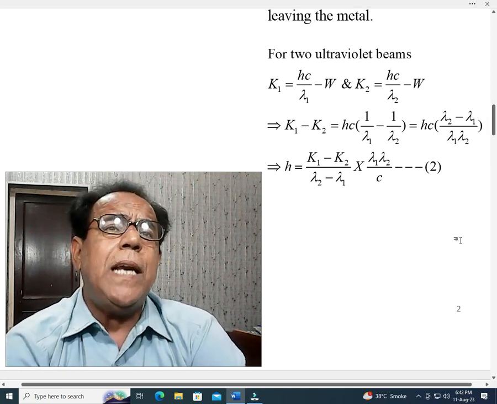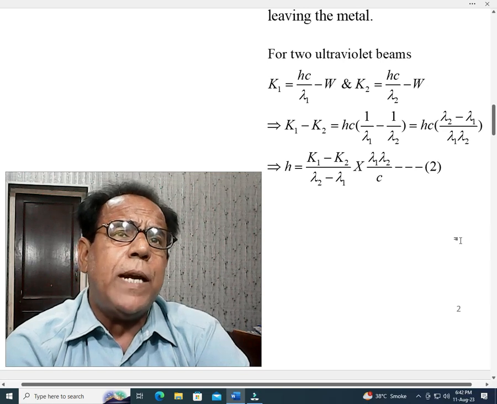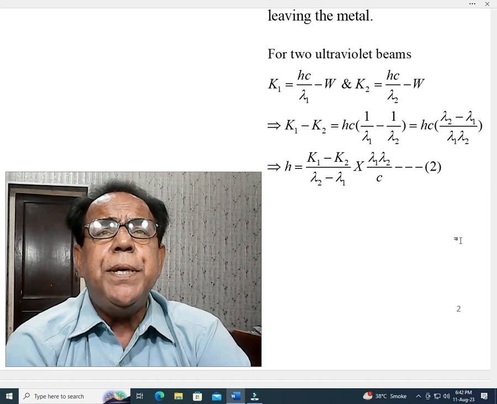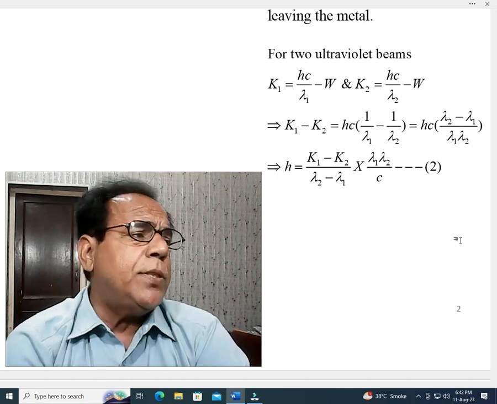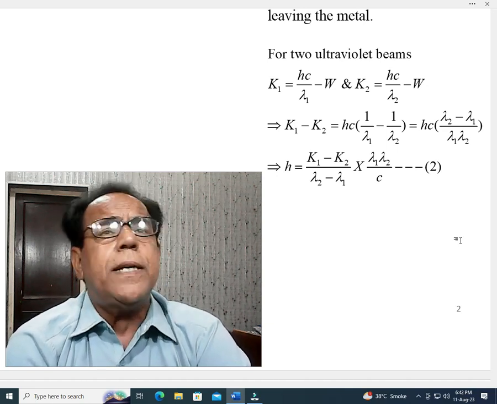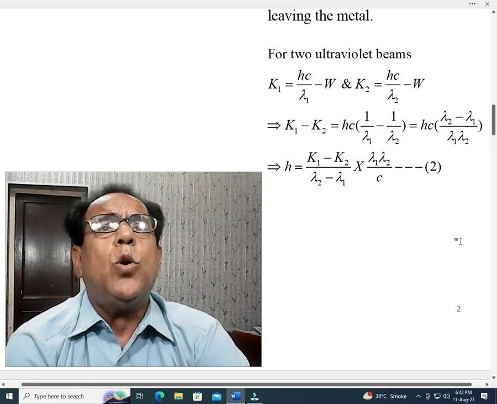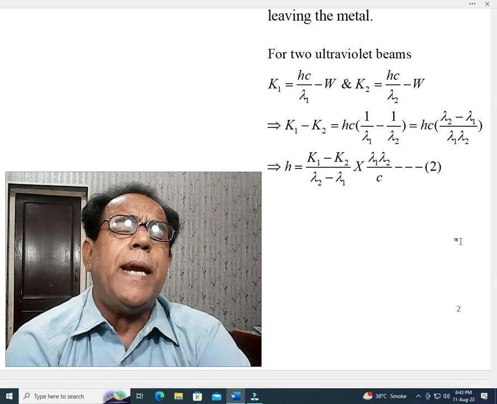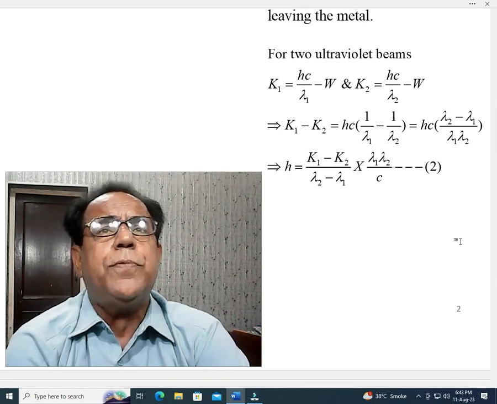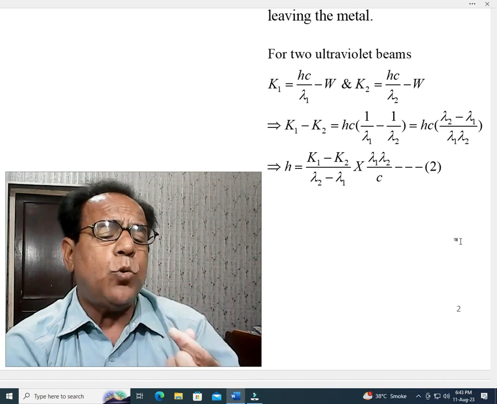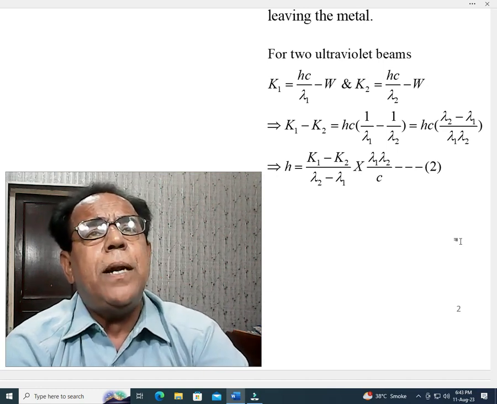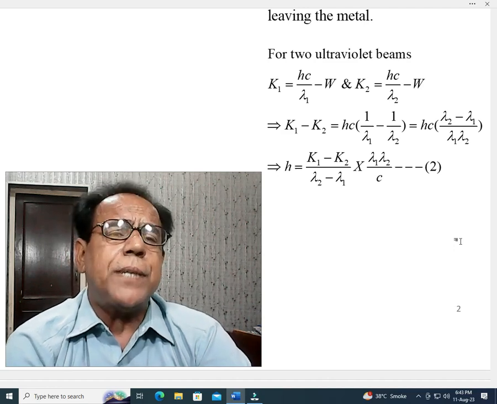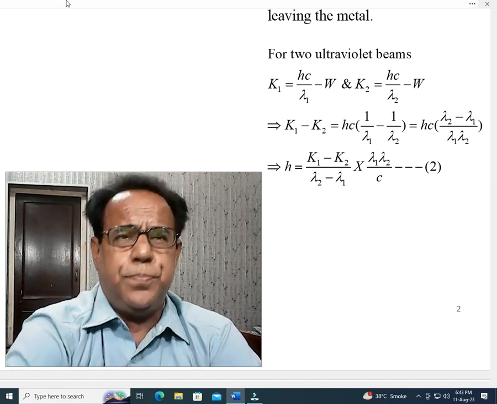Because, dear students, we have been provided two sets of values, two ultraviolet beams of two different wavelengths and two different kinetic energies, we will reshape this equation in two forms, and then we will take the difference of these two, so that we may be able to separate Planck's constant h, which we need to find out.